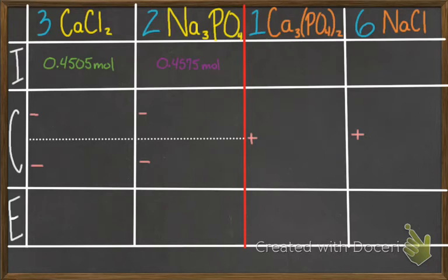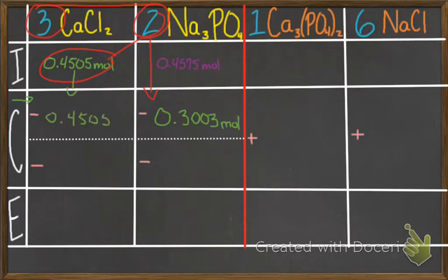Just like we did before, let's start with calcium chloride. We're going to take this number, multiply it by 2, and then take that answer and divide it by 3. That's going to give us the value for this box right here. Now to fill in this box, we simply bring this number on down, 0.4505.